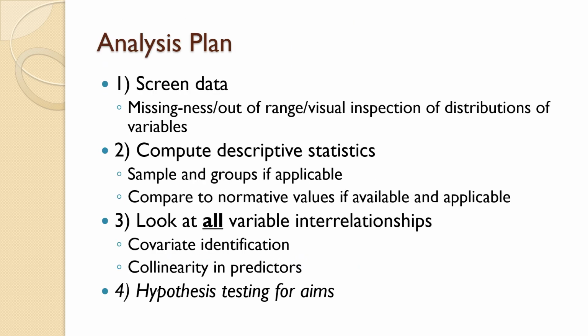Remember what I said, all analysis plans have the same general format. You talk about your variables, what role they play in the study, and then in the analysis plan, you talk about screening the data, looking for missingness, computing descriptive statistics. And when I say for the sample as a whole and for the groups, if applicable, in this case, you would, right?